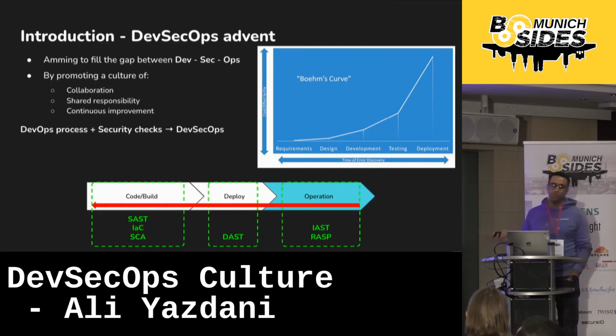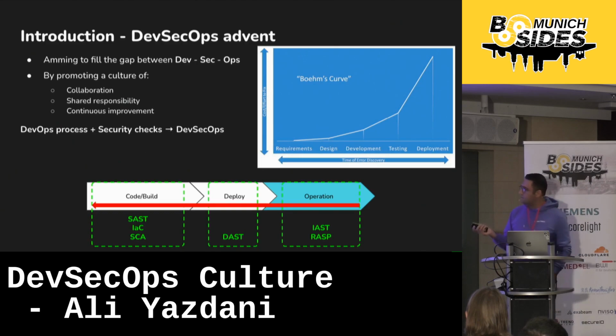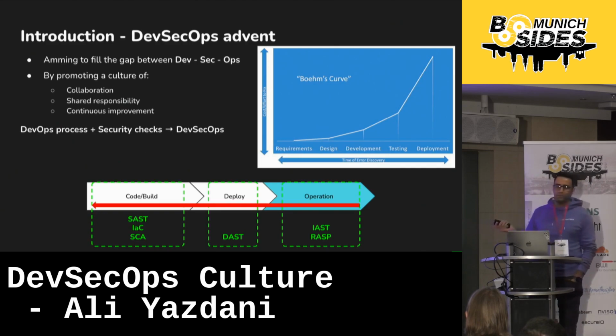I know that we can add more or less. And based on this boom curve, you can see the time of error discovery: based on the phase in which we find the vulnerability or error, the cost and effort to fix it is reduced. So this is one of the things that we follow in DevSecOps.